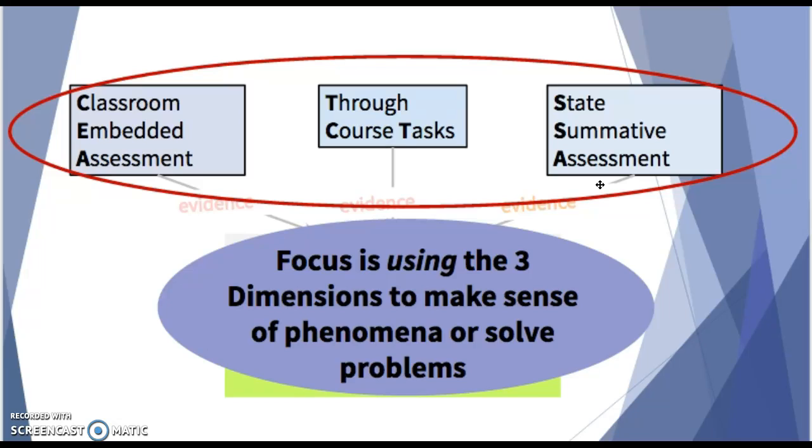Those include asking questions and defining problems, developing and using models, planning and carrying out investigations, analyzing and interpreting data, using mathematics and computational thinking, constructing explanations and designing solutions, engaging in argument from evidence, and obtaining, evaluating, and communicating information.